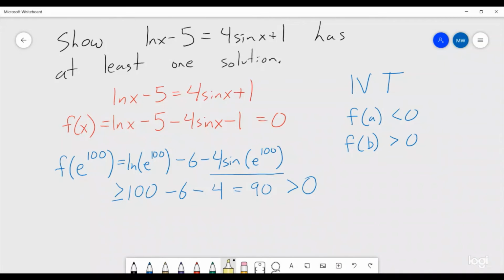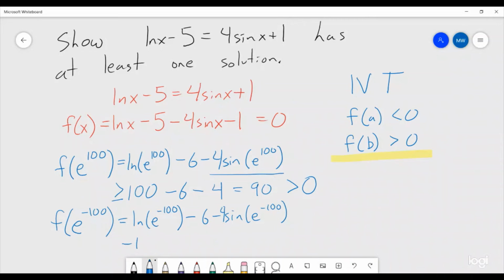So we have successfully found this situation where we have a point that when we plug it in, it is bigger than 0. Now let's try and find something that's going to be smaller than 0. Well, let's look at f of e to the minus 100. Well, this is going to be natural log of e to the minus 100 minus 6 minus 4 times the sine of e to the minus 100.